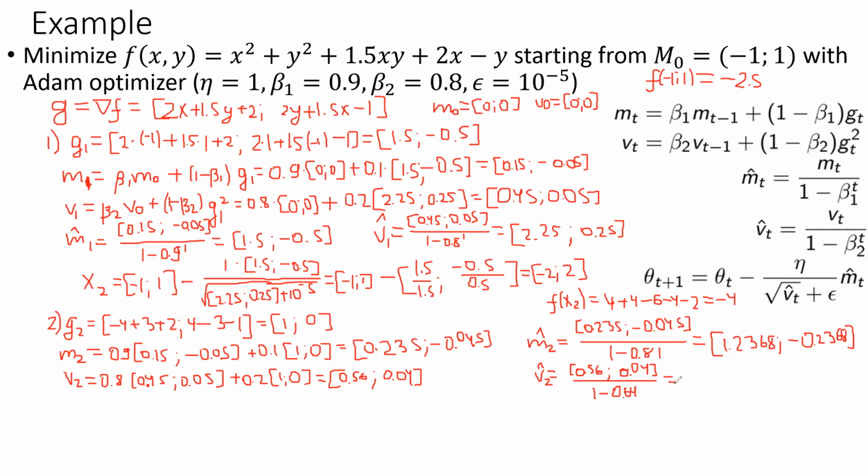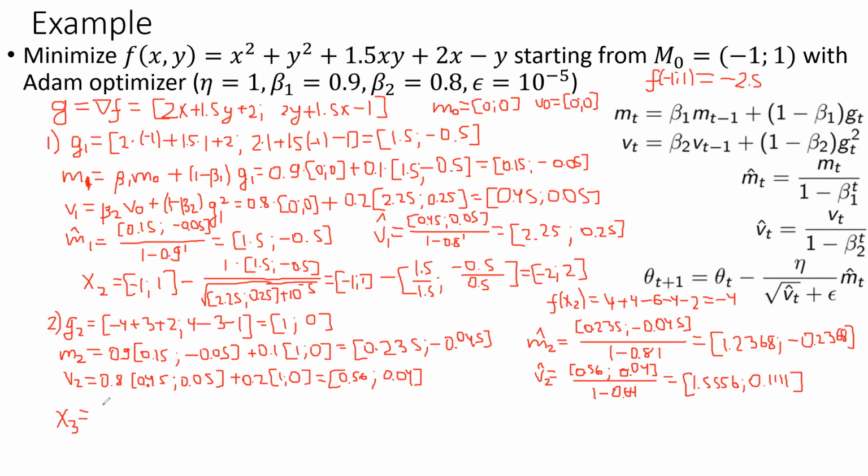So we divide 0.56 by 0.36. We will get 1.5556. So I approximate values. 0.04 divided by 0.36, I will have 0.11. Okay, now I can get new x.